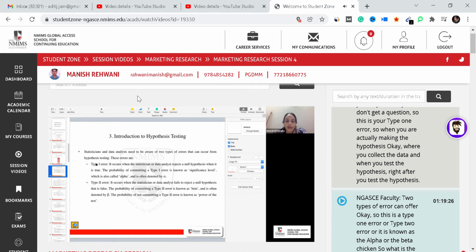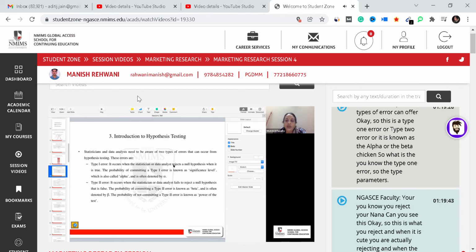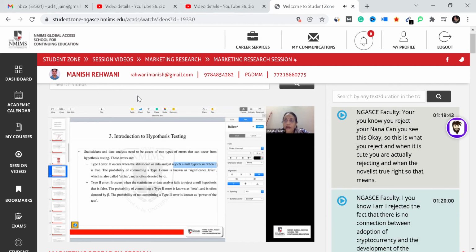The type 1 error is where you reject your null. Can you just see this? Okay, so this is where you reject a null when it is true. You are actually rejecting a null when the null is true, right? That means I rejected the fact that there is no connection between adoption of cryptocurrency and the development of a country.